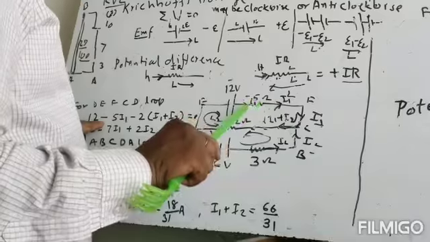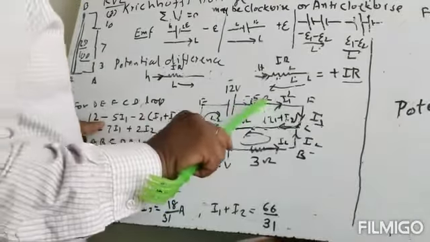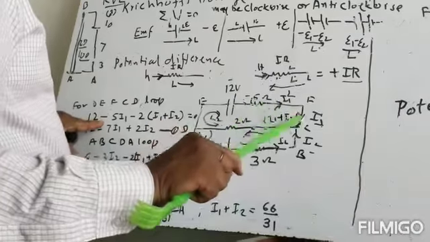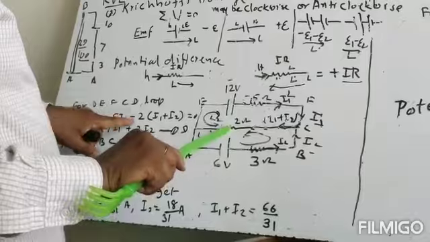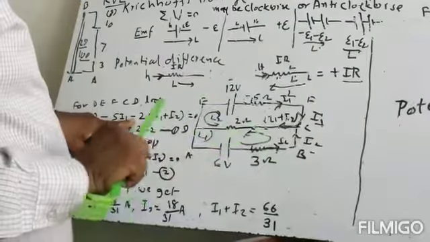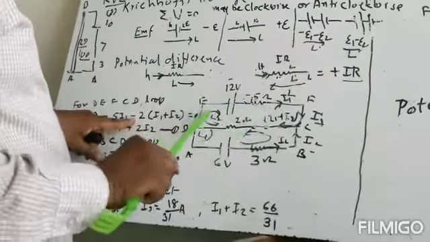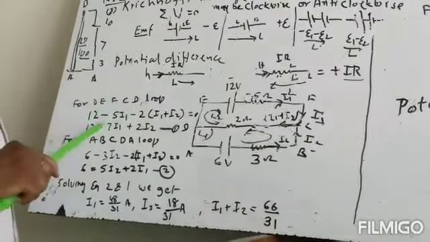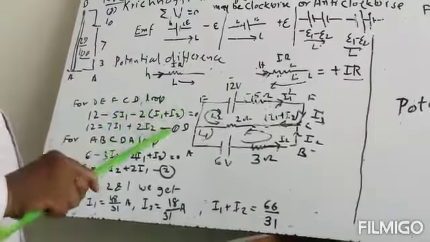Then here, higher to lower, there will be a potential drop of 5 into I1, and here again a potential drop, 2 ohm multiplied by I1 plus I2, and this will be equal to 0. So we solve it: 12 is equal to 7I1 plus 2I2.